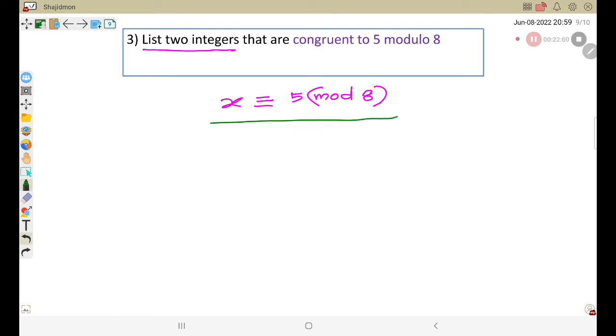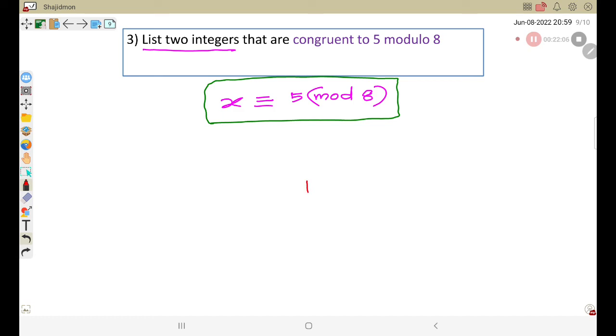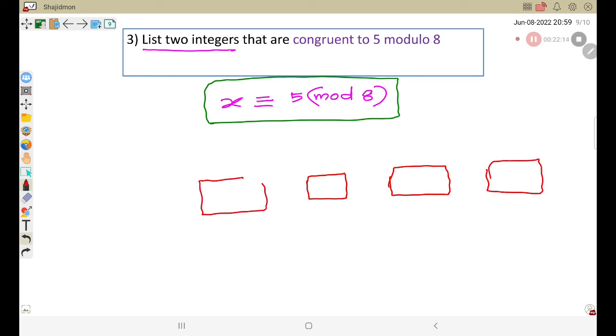You can write more, but this question asks for only 2 numbers. As I discussed before, start from whatever number is given, then try to write some numbers on the right-hand side. I am writing more numbers. You can select whatever numbers you need from the right and left of these numbers.